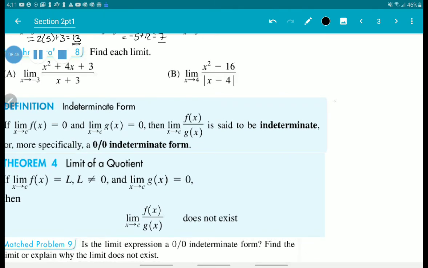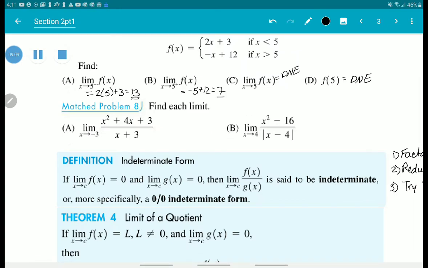So here's what you need to try. Try to factor, and then try to reduce. And once you factor and reduce, that usually is a rational expression. Once you factor and reduce that, then I want you to try the limit again. Most of the time, that's going to fix whatever the problem is.